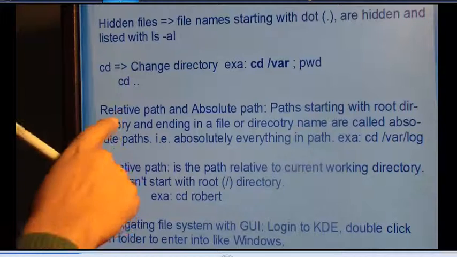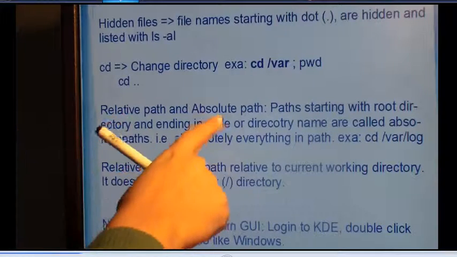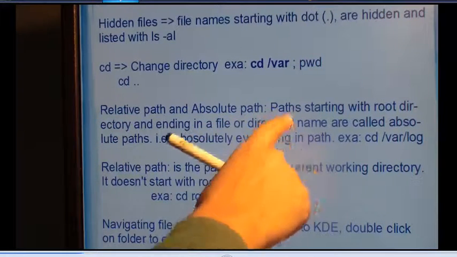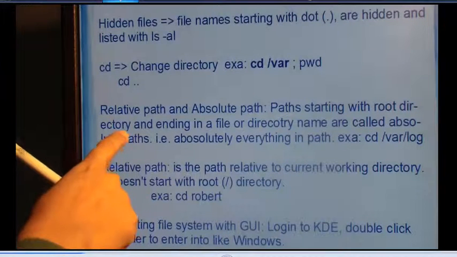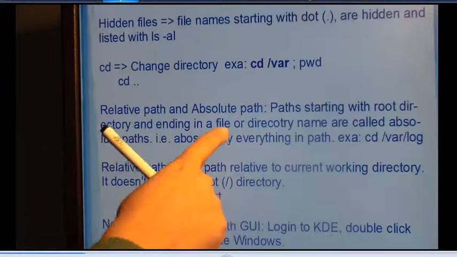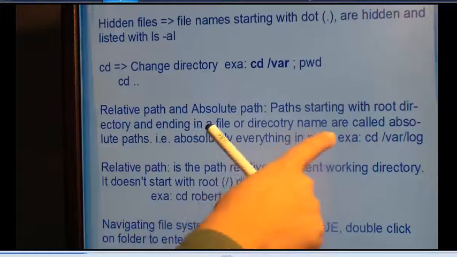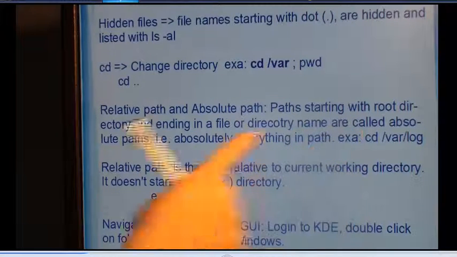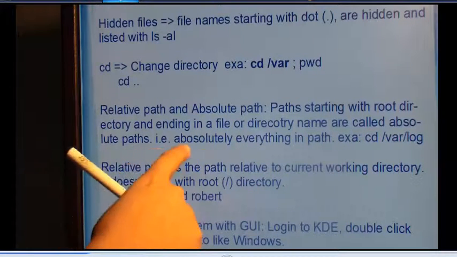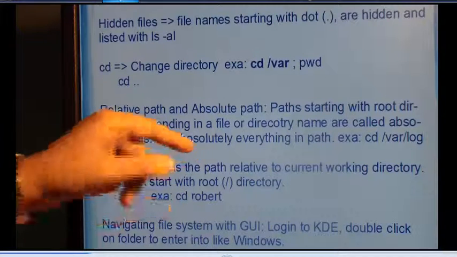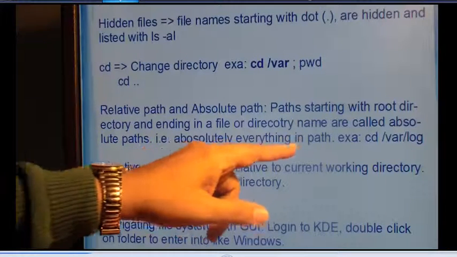Now, what is the relative path and absolute path? Paths starting with a root directory and ending in a file or a directory name are called absolute paths. So absolutely everything is in the path.